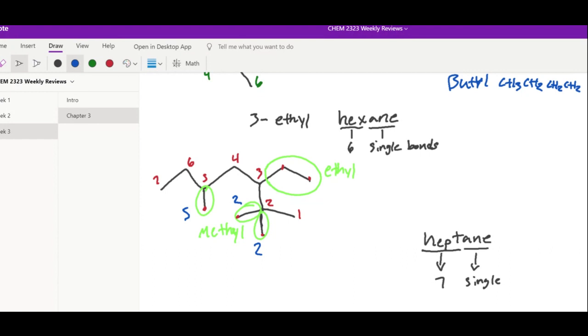Okay? So to group them, it's going to be 2,2,5 dash, and then because I have 3 methyls, I'm going to put tri, dash, or no, there's no need for dash.